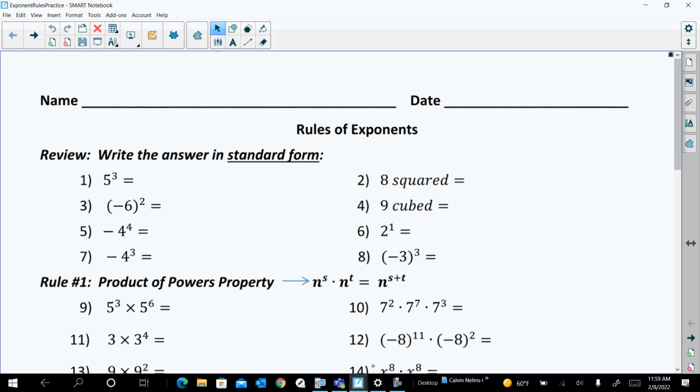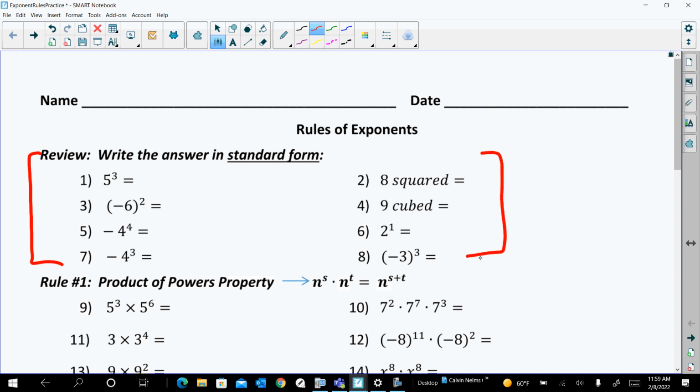All right, on this first section, guys, you need to use a calculator. So everything here, you need to use a calculator. I'm checking to see how well you can use it, so you're going to give me a number answer. I'm going to focus on the odds.